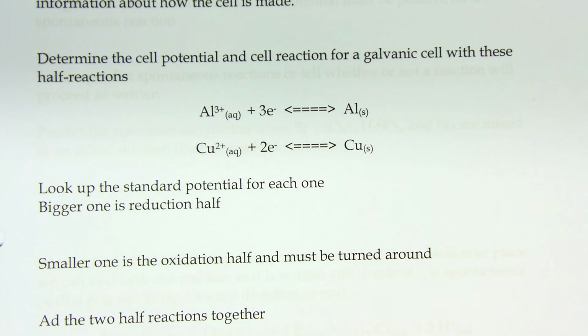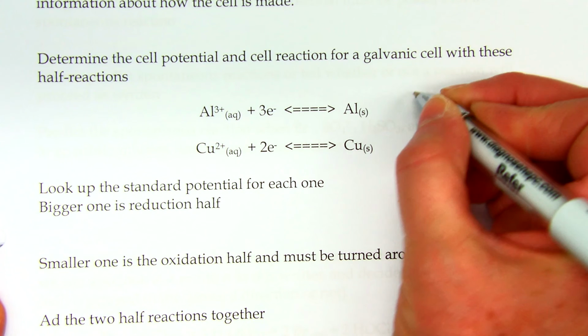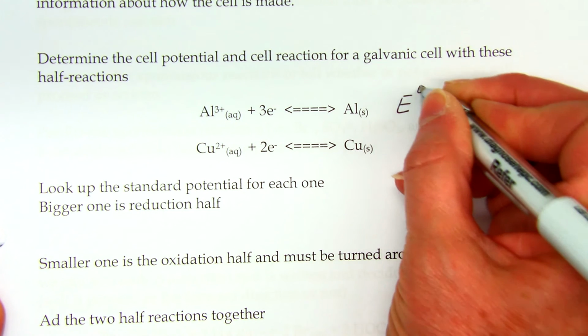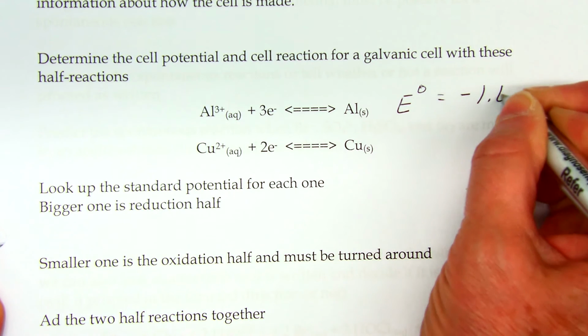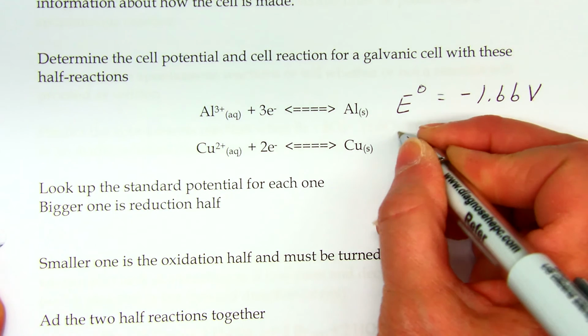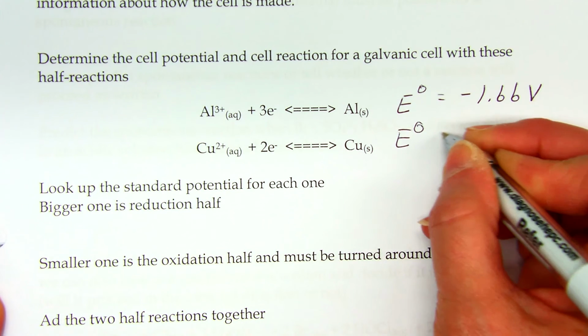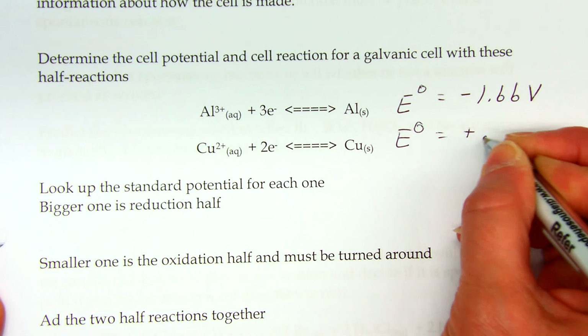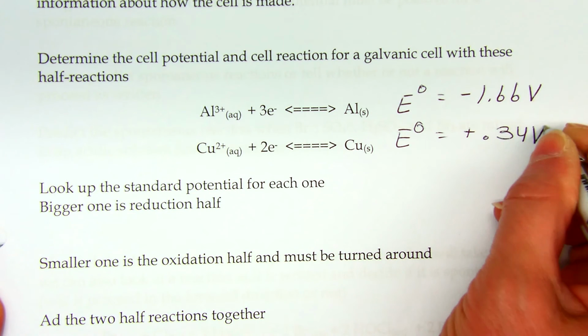So the first thing we do is grab our chart and we look up the potentials for them. For the aluminum half, E0 is negative 1.66 volts. And for the copper half, E0 is a positive 0.34 volts.